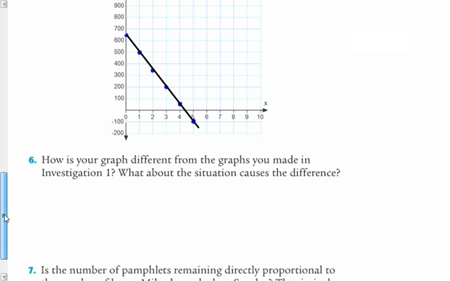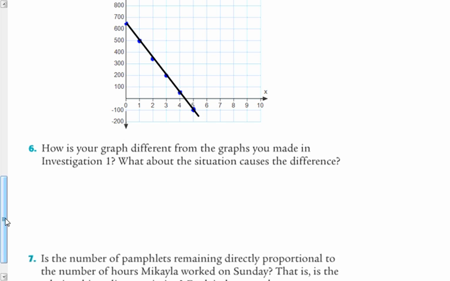How is your graph different from the graphs you made in investigation 1? What about the situation causes this difference? The graph is different because in investigation 1, remember the lines all went this way. When both numbers are increasing, the line goes up from left to right.